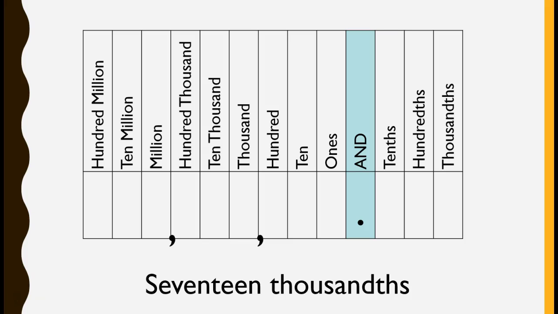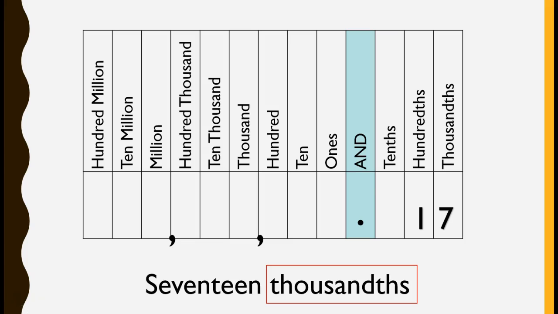Okay. Now let's look at another example here. 17 thousandths. Where would I put these digits? Well, take a look. We're going to put a square around our place value. Take a look at our digit. Okay, it's 17 again. And we're going to put it on our chart in a way that that last digit falls in the thousandths place. 17. But I can't stop there.